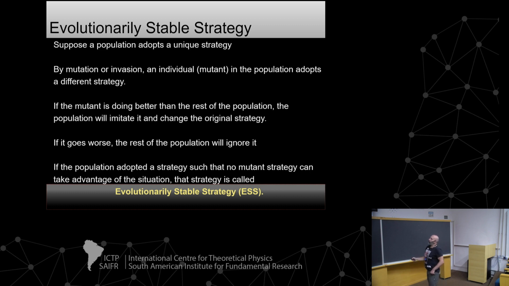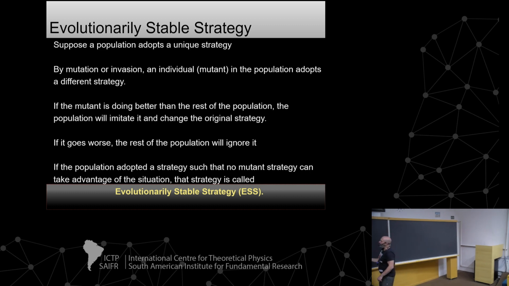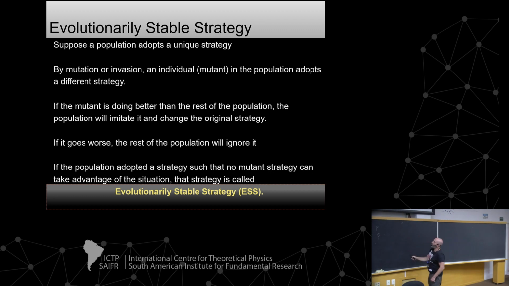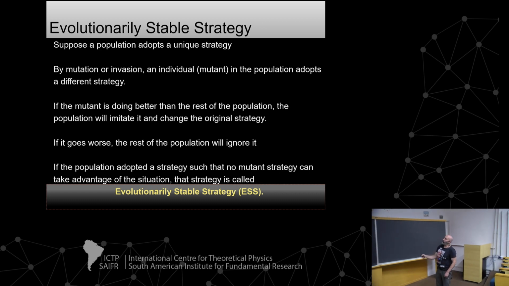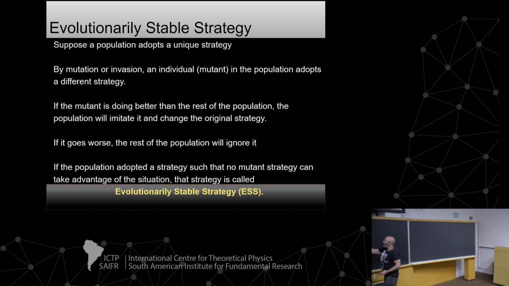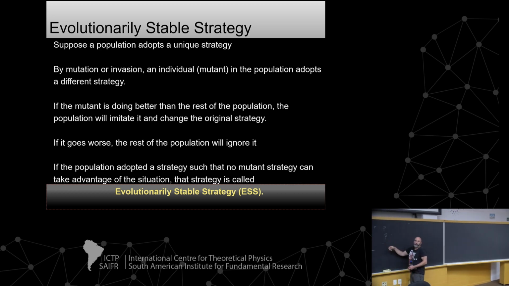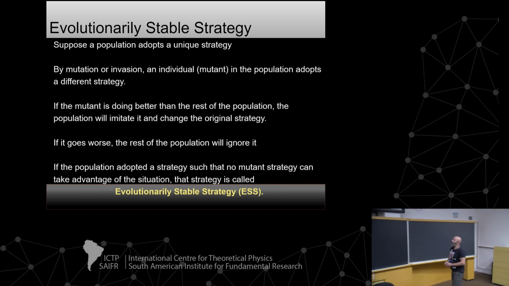If, on the contrary, this individual with the new strategy does worse than the strategy already adopted by the population, the rest of the population will ignore it. If I come with a new strategy that is not good enough, there is no incentive for me to change the strategy. I will go on with the strategy that I have already adopted.